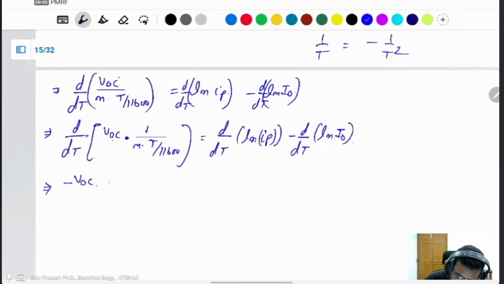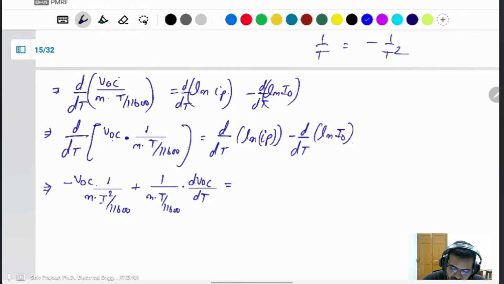Then the differentiation of this one is 1 divided by n into T square into 11,600, plus first and second differentiation, 1 divided by n into T divided by 11,600 into the differentiation of VOC with respect to time only. This will be very small because of IP. If insulation increases, temperature increases, IP will increase by a very small amount. That's why we can neglect this term also.